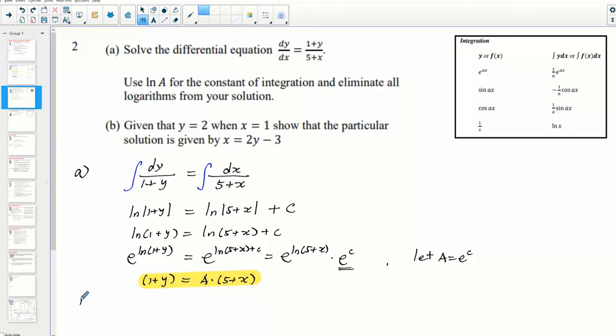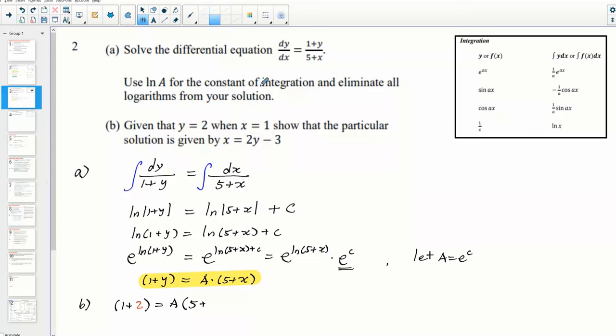Now for a particular solution, you just have your expression and you can just plug in y equals 2 and x equals 1 and obtain the particular solution. So 1 plus y, which is 3, equals a times 5 plus x.